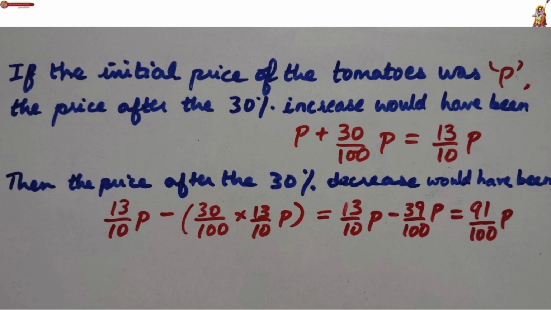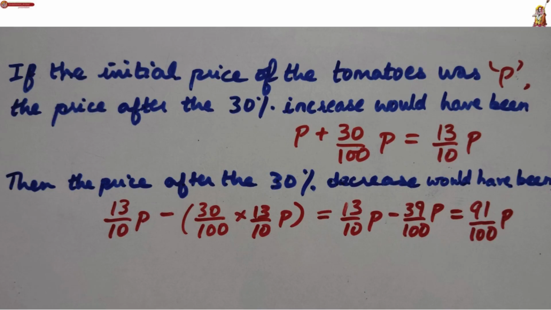Let the initial price of the tomatoes be P. So, if the initial price of the tomatoes was P, the price after the 30% increase would have been P plus 30 upon 100P, which is equal to 130 upon 100P, which is equal to 13 upon 10P.